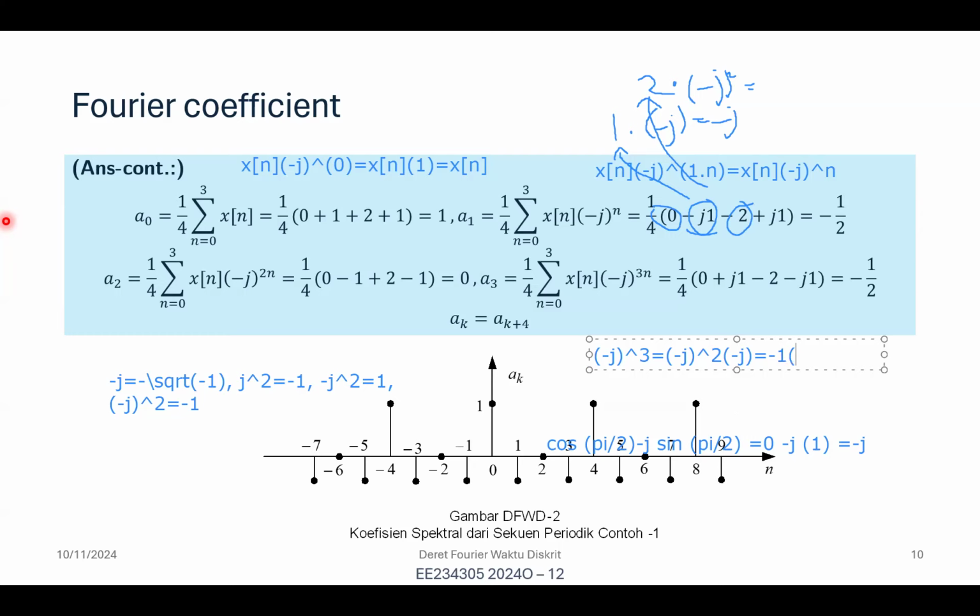So minus 1 times minus j is just j. So that would be just j, and so on. The next part will follow. So now we have A0, A1, A2, and A3. For A2, we basically plug in these numbers and get minus j to the power of 2n. And for A3, we have minus j to the power of 3n. Okay.